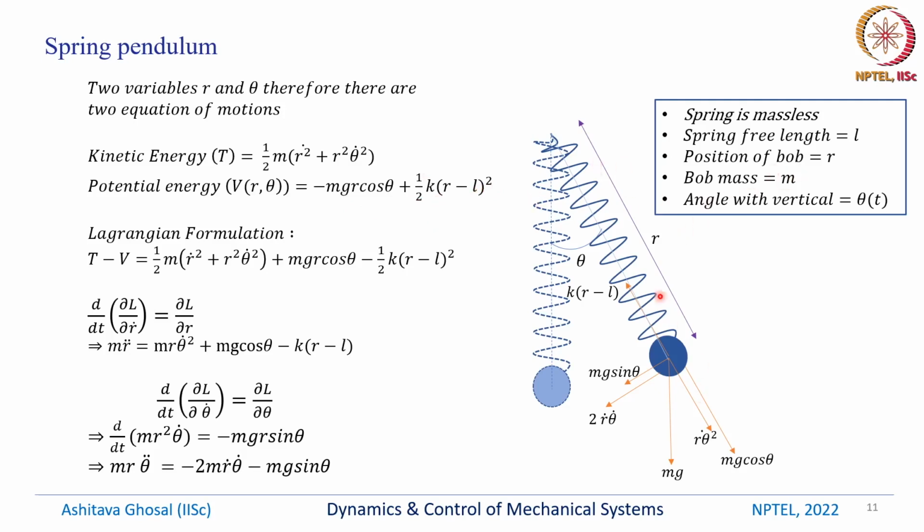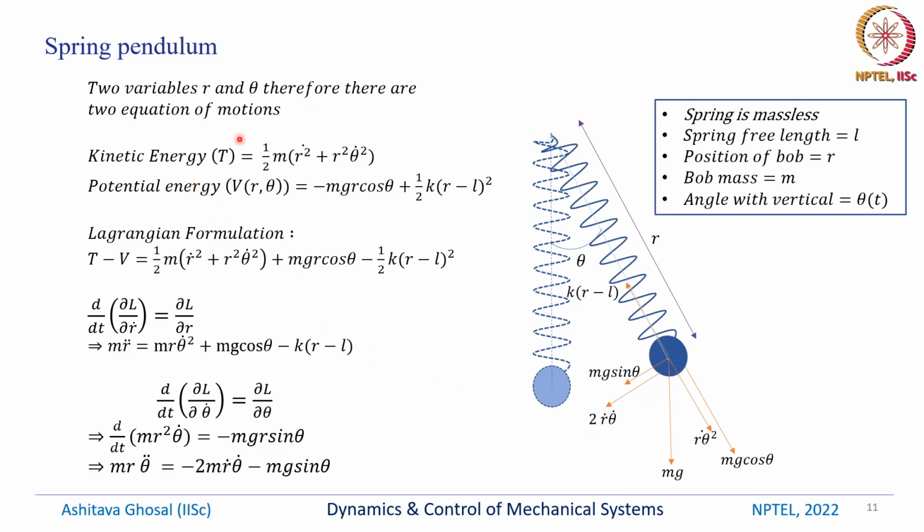Note, this is r, the free length is L. The force due to the spring is k into r minus L, and of course there is gravity mg, with mg sine theta and mg cos theta, and r theta dot square acting in this direction, and 2 r dot theta dot acting in this direction.